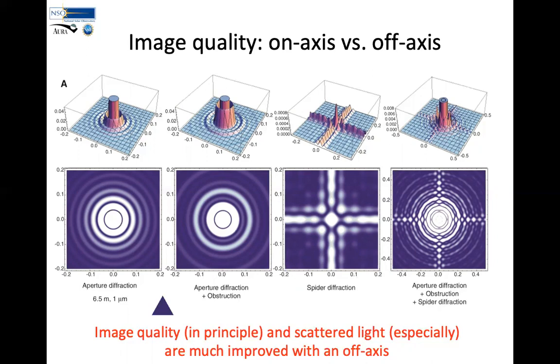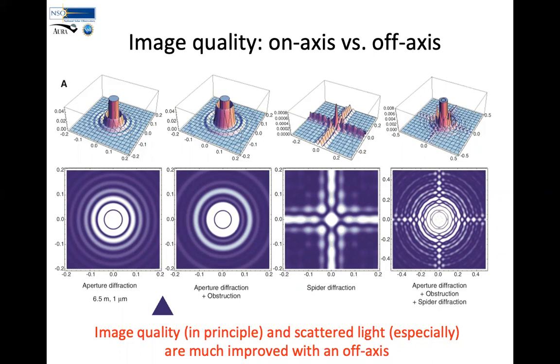And then you have the spider, which is the thing that keeps the secondary up there. It needs to be there. So at the end of the day, the PSF is less ideal.